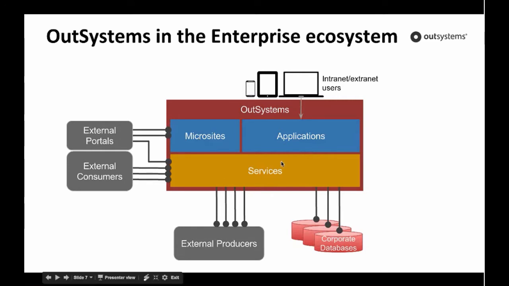Now, the services themselves can either provide APIs to the external world, so we expose some API that can be consumed by external consumers, or the service will extend existing systems of record, either through corporate databases or through external systems of record that we need to connect with.